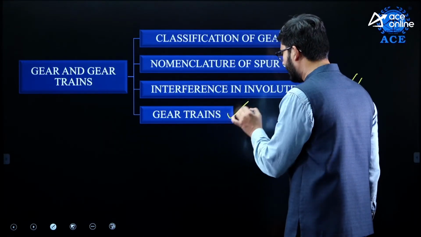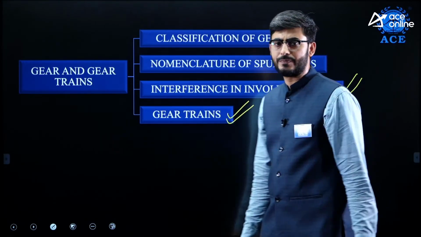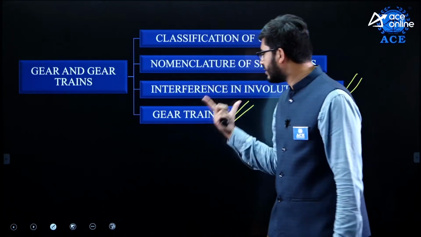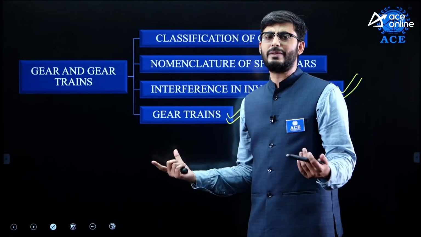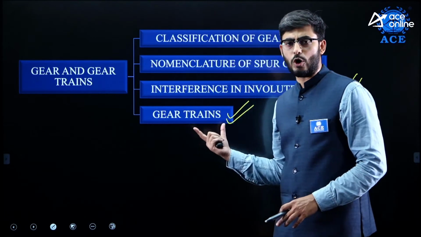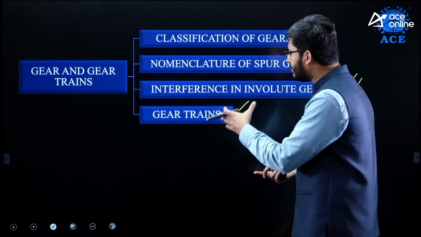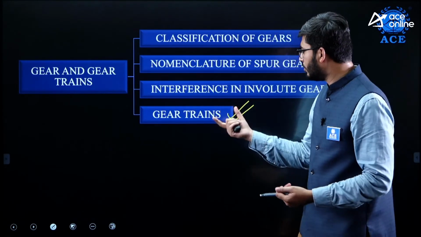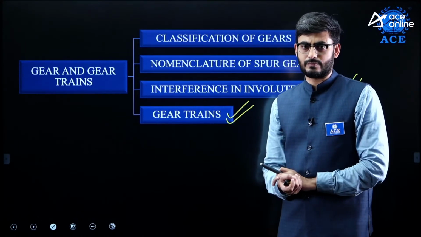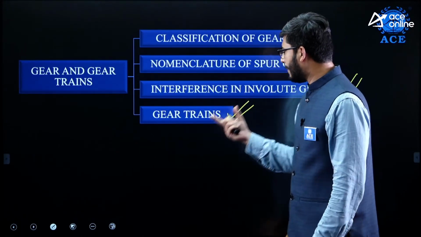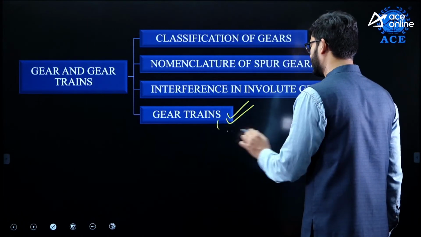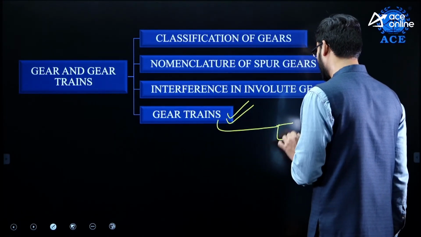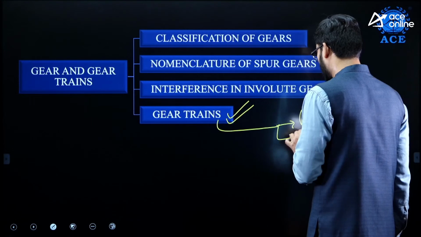When you are tackling gear trains, the question will be either application type or synthesis type. Sometimes they will expect us to derive the result. So both application and synthesis type questions can be expected from this concept.